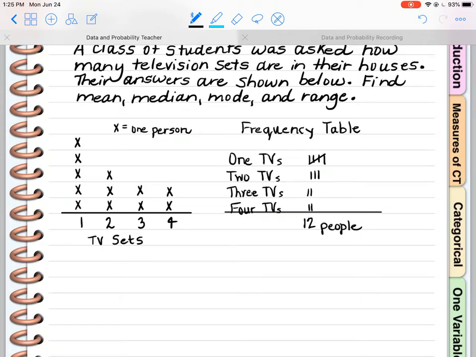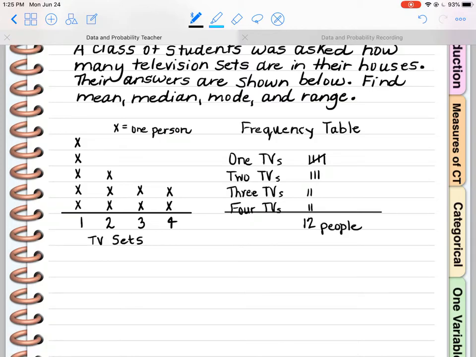So in my college class of 12 students, I asked them the question, and I have charted their information. Both of these graphs are saying the same thing. It's just that some people prefer the plot on the left. I prefer the frequency table on the right.